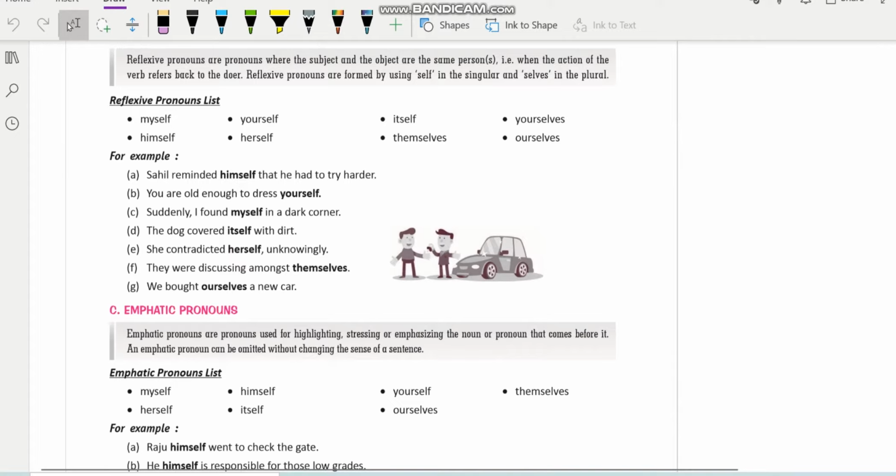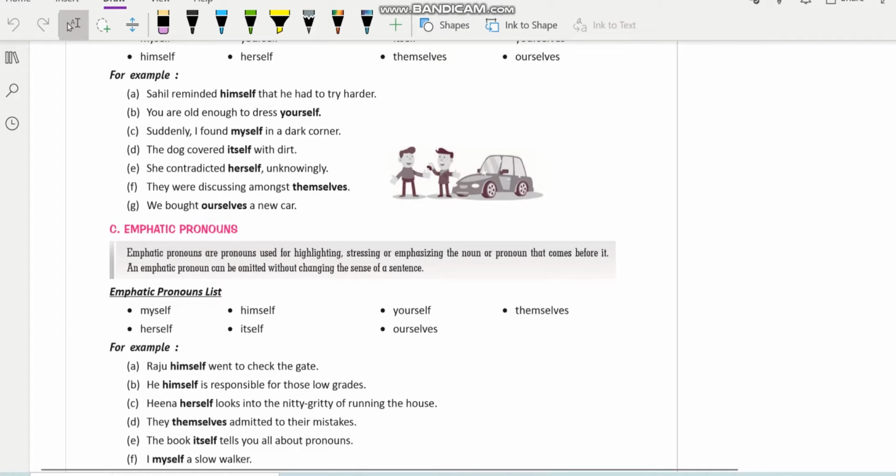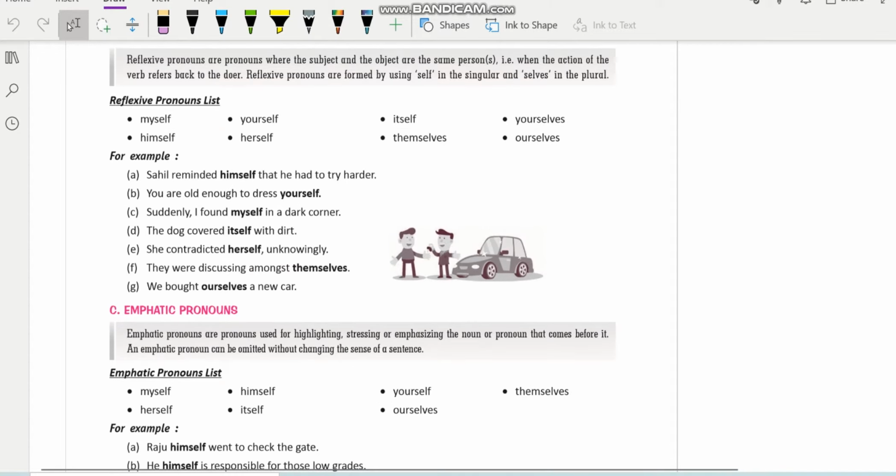Now, yourself is actually referring to you only. And always remember the pronoun will be formed with this root word only, like you will become yourself, I will become myself, right? So, she will become herself, they will become themselves, we will become ourselves. So this is how you form reflexive pronouns.